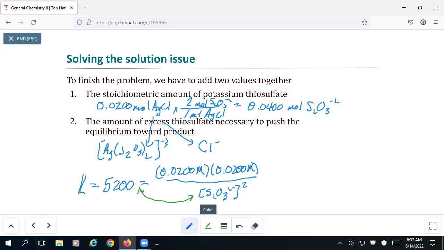Algebraically, flip-flop the 5200 and the thiosulfate concentration, and I get 0.02 squared divided by 5200. The concentration of the thiosulfate squared is equal to 7.7 times 10 to the negative 8th molar.